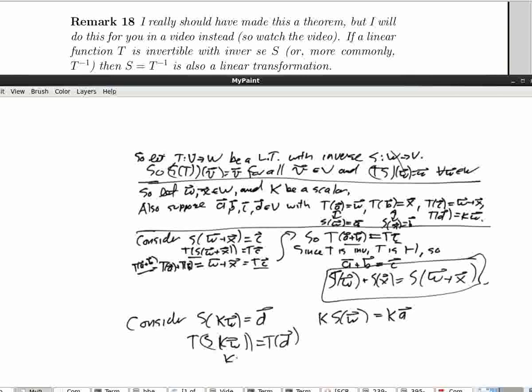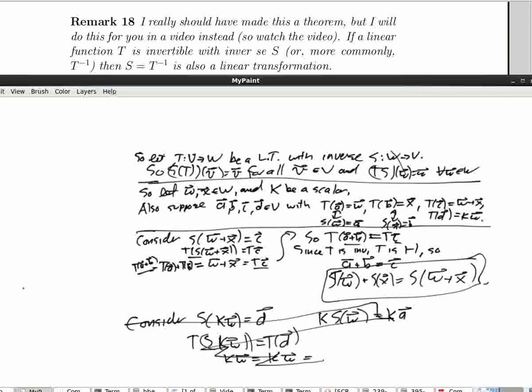That gives me KW here is equal to T of D. What's T of D? It's equal to KW. How about that? Let's see. So what does that buy me? Actually, you know what? I can do this a lot more simply. So let's just do this.